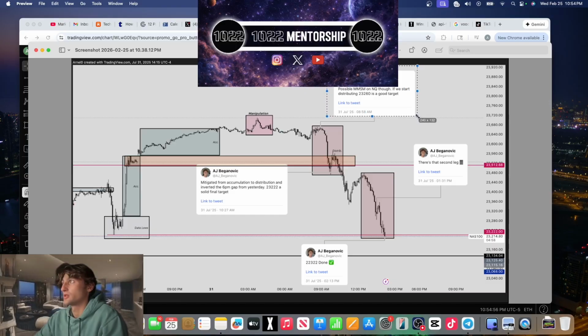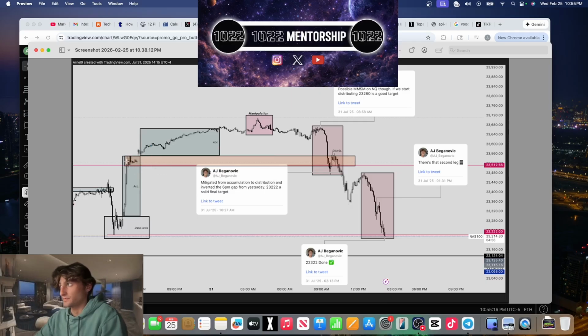And then here I tweeted possible market maker sell model on NQ. If we start distributing, 23260 is a good target, which I believe was down here at like a volume imbalance or something. I learned from that and realized that I wanted the lows. So here's a gap as well, a Sunday gap. So yeah, 6 p.m. gap.